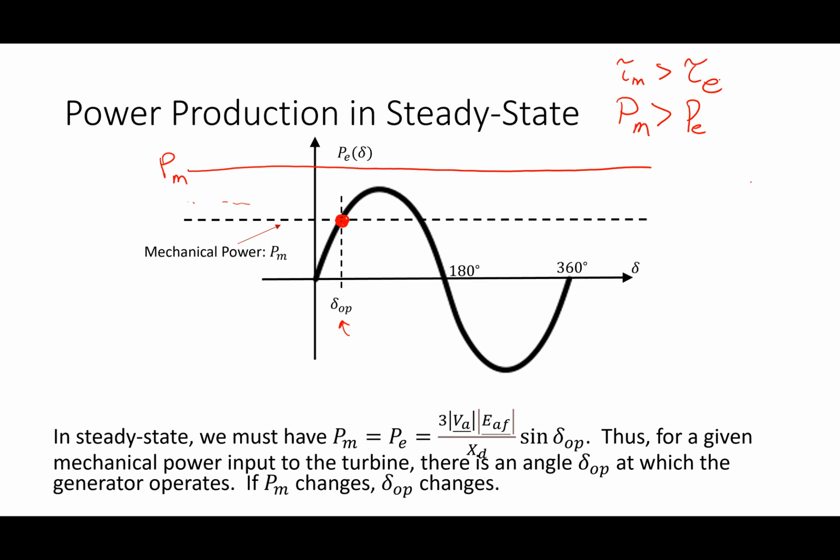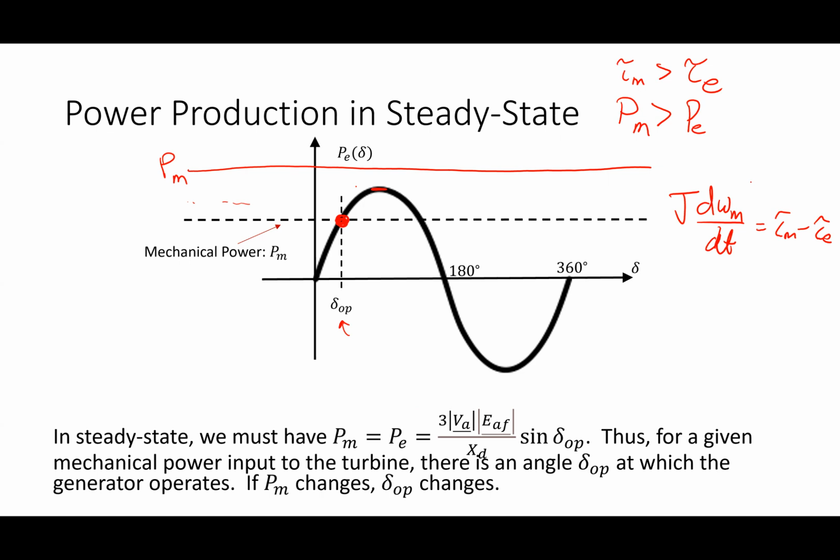Yeah, it will, right? What's going to happen is I look at J d omega m by dt, Newton's law, right? Tm minus Te. If Tm goes greater than what Te can ever be, in other words, if I go past this point, what's true about the machine's speed? It's going to increase, right?